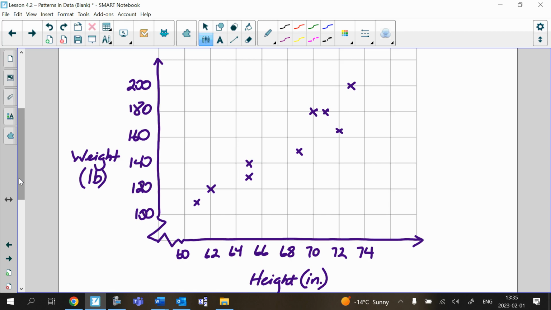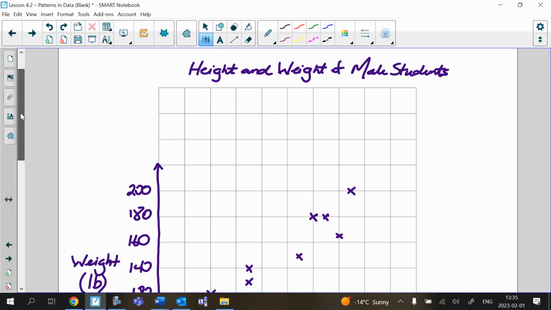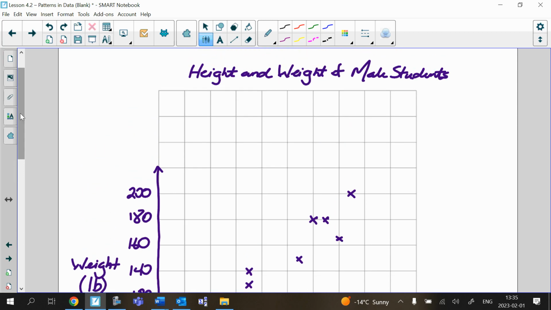Height and weight of male students. So the question is, how would you draw it?